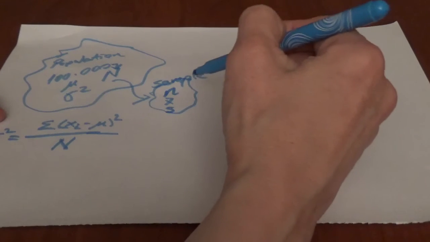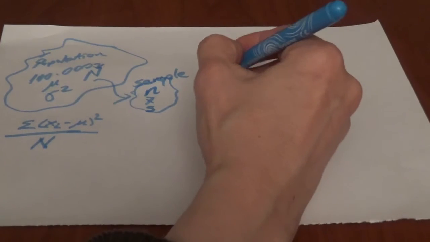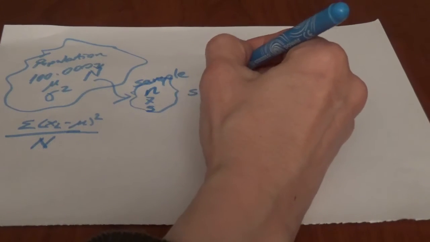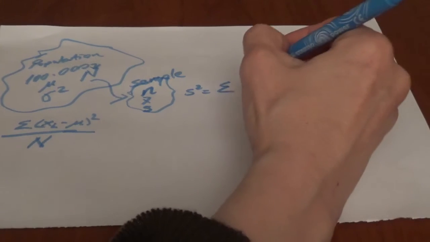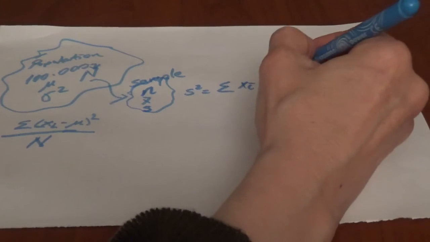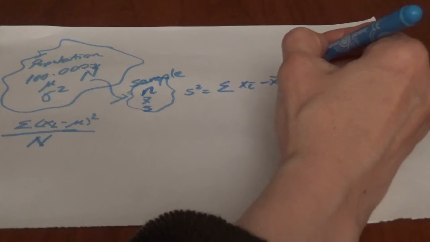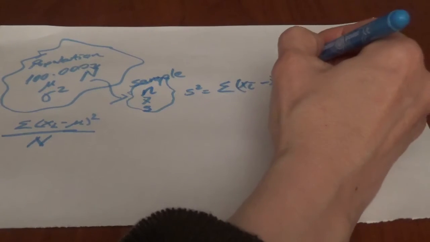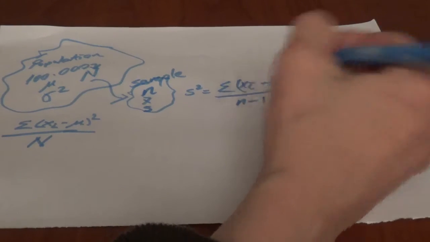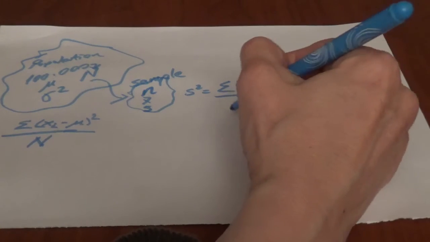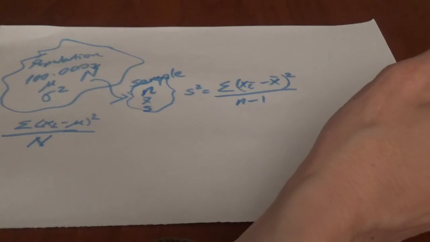When we calculate the variance of the sample, what did we say? S squared is equal to the total of xi minus x bar, where x bar is the sample mean, squared, total divided by n minus 1. So why don't we divide by n but n minus 1?